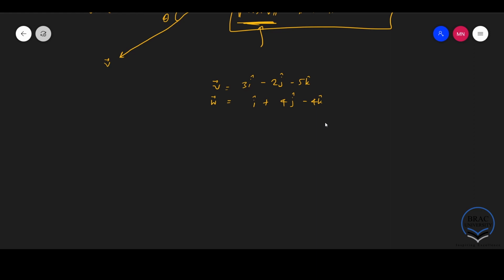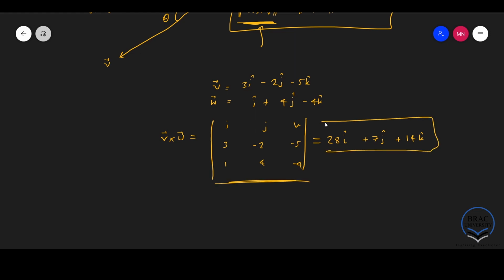If I find v cross w, this is equal to the following determinant with entries i, j, k. The second row has the components of v: 3, minus 2, minus 5, and then we have 1, 4, minus 4. Without showing explicit details, this should be equal to 28i plus 7j plus 14k. So if I evaluate this determinant, I get this vector, which is v cross w.